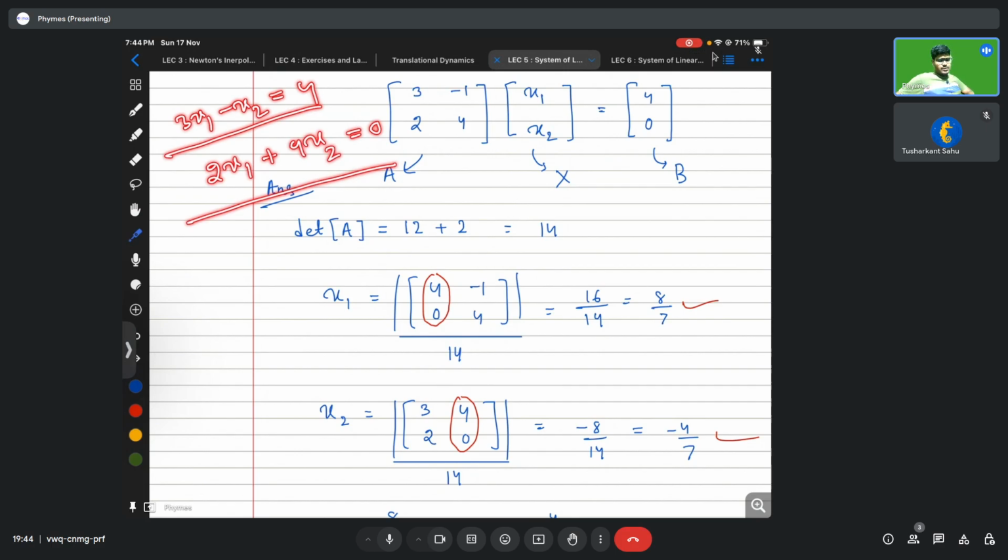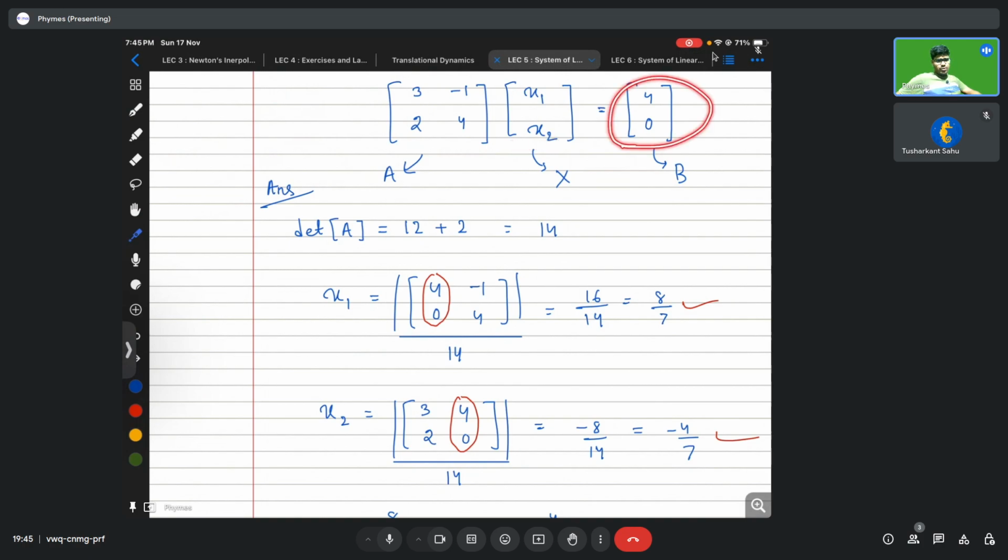I am writing these two equations in matrix form. These are the coefficients of the variables, these are the variables x1 and x2, and these are the non-homogeneous part, 4 and 0. This is the matrix, and this is the non-homogeneous part column matrix.